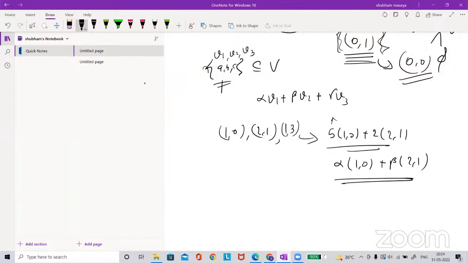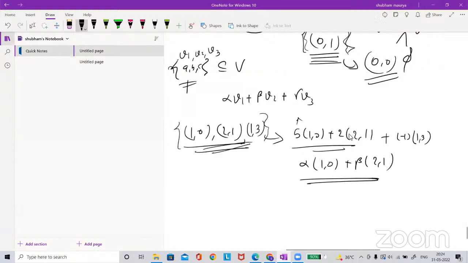A linear combination of these three vectors: let's say alpha is equal to 5, beta is equal to 2, gamma is equal to minus 1 times (1, 3). This is a linear combination of these three vectors. Similarly, if you change alpha, beta, and gamma, you will get many more linear combinations. Each will give a vector.